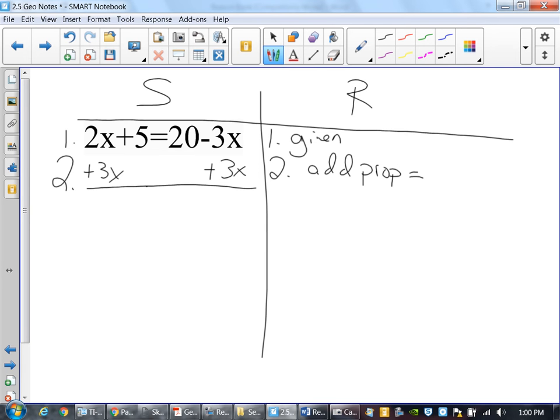I added the same thing to both sides of an equal sign. Now what? Simplify. Very good. 2x and 3x is 5x, plus 5 is 20. To simplify. Now what?